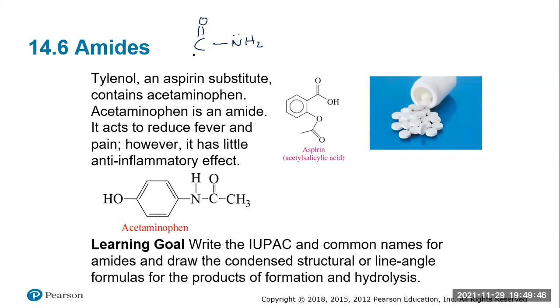So it has that carbonyl group, and it has the amine group on there, and that's what we see right there. That's our amide bond. And as you could probably imagine, it is made from a carboxylic acid and an amine coming together to make that group.